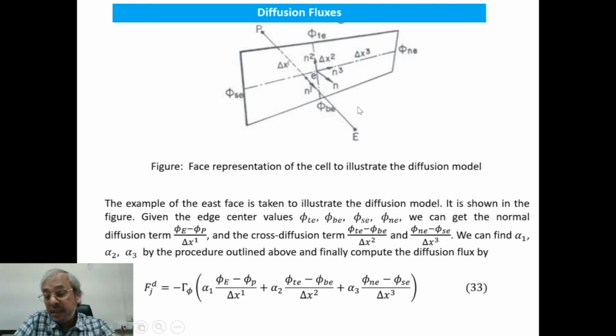So we are involving 4 cells to define phi T.